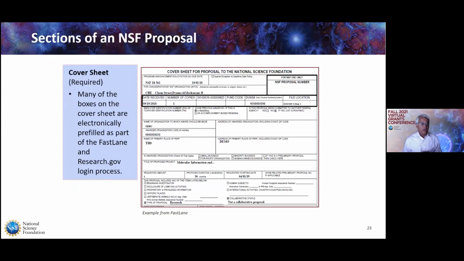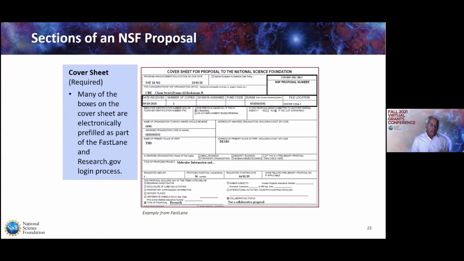So this is a snapshot of a cover sheet. When you go onto FastLane or research.gov to initiate a proposal, many of these boxes are actually pre-filled by that login process. So things like who's the PI, what kind of demographic information you may have submitted, who's your organization, those sorts of things are pre-filled, as well as information such as what program announcement you're responding to, is there a deadline for submission, what start date you want to use for your project, and so on.